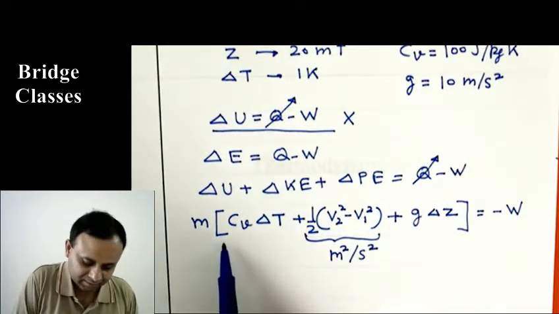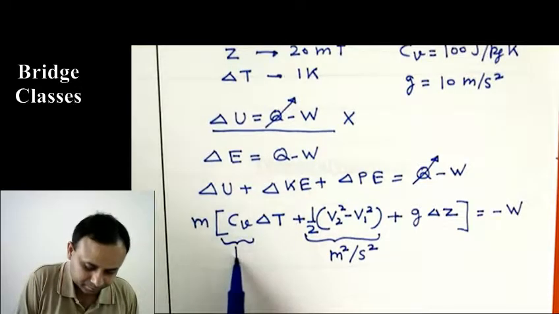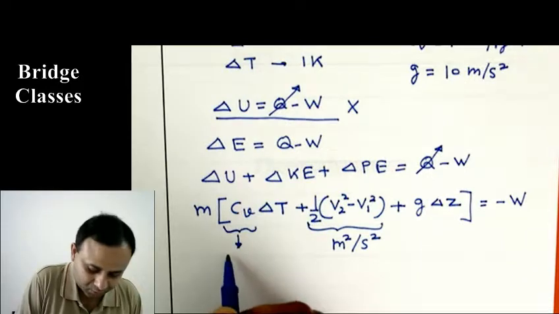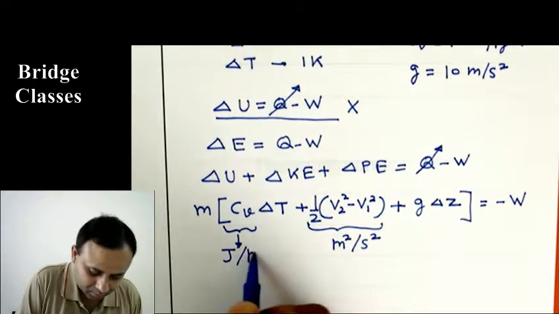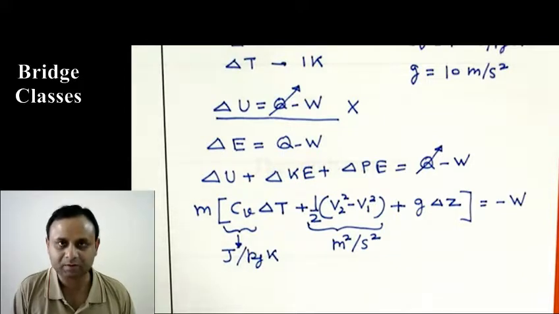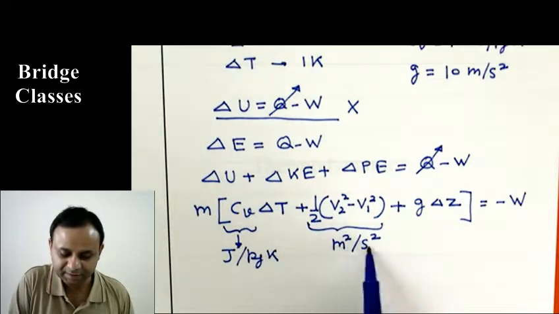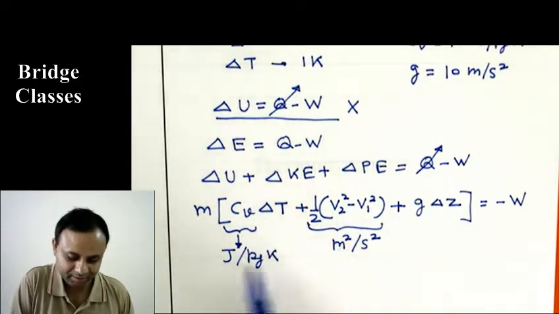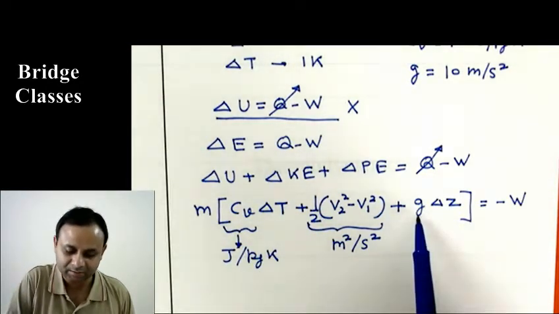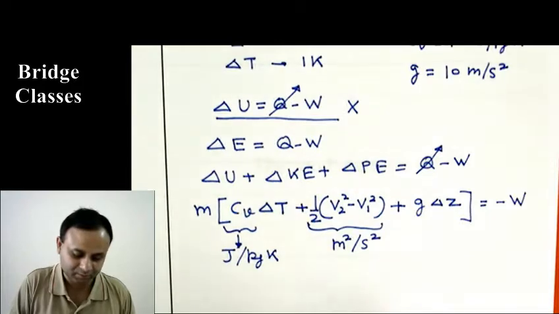Then this Cv should not have any kilo there. It will be joule per kilogram Kelvin. It will not be kilojoule per kilogram Kelvin, because this is based on meter and second. There is no kilo here, so there cannot be any kilo here. It will be joule per kilogram Kelvin, and similarly units here, so you get work here.